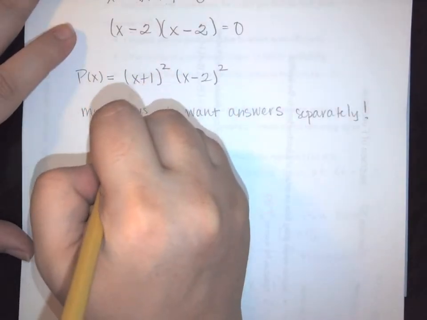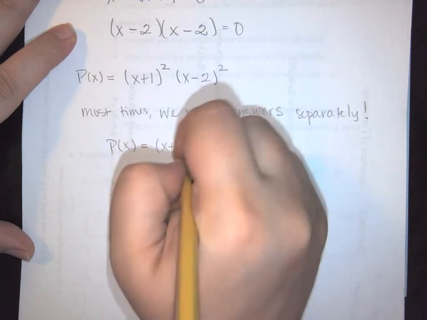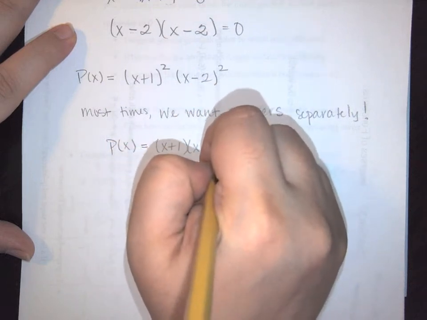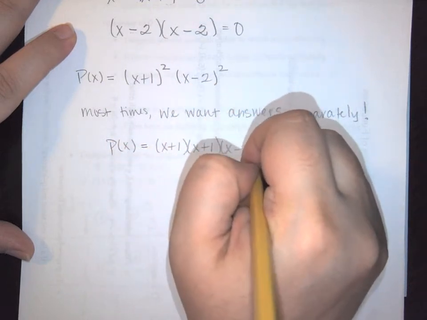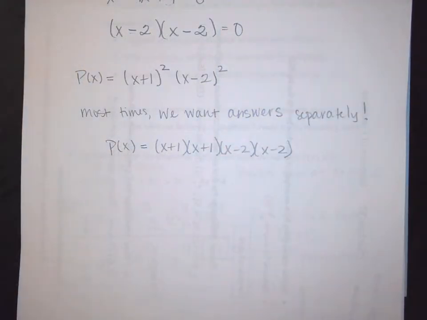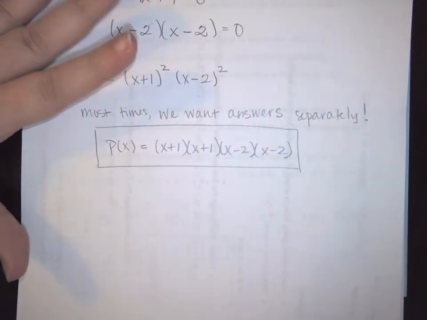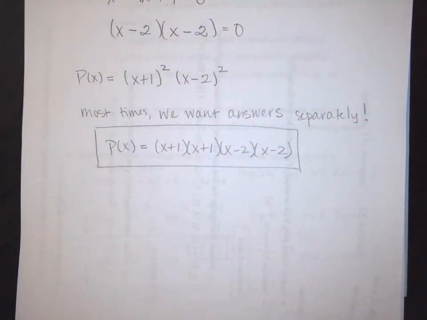So therefore, you would simply have to state that you had x plus 1 times x plus 1 times x minus 2 times x minus 2. And so that's what you needed to do in order to factor. And so here, this would be the factored form of your polynomial.